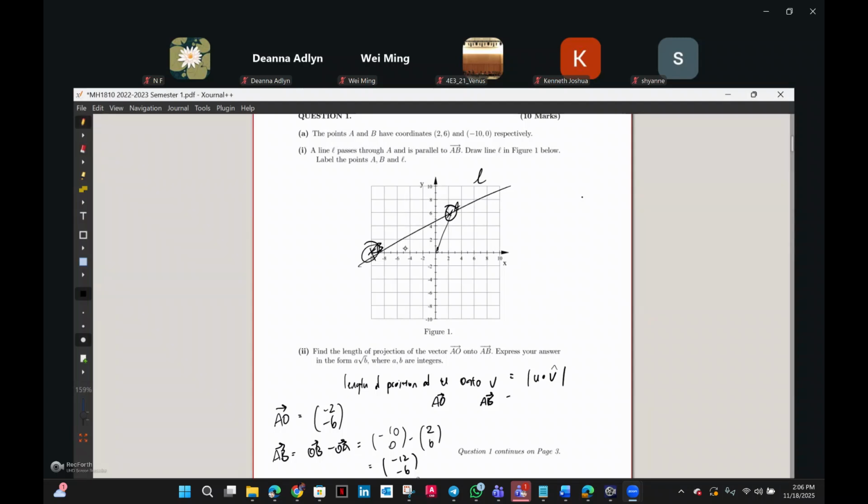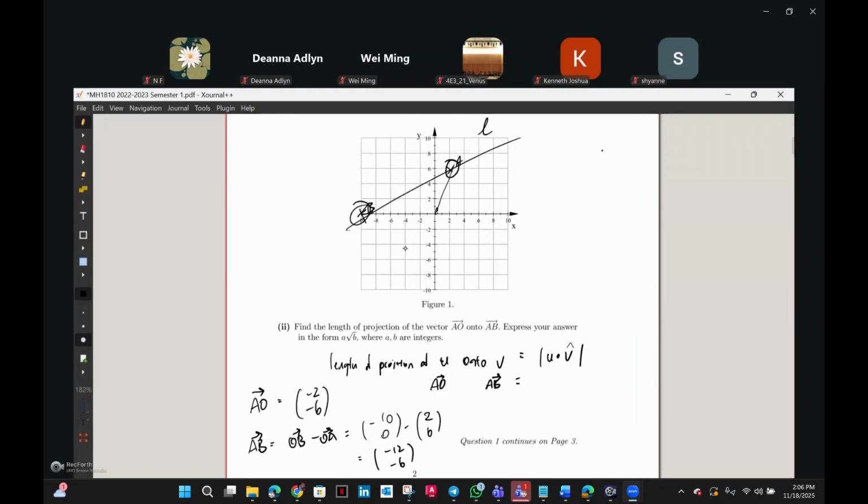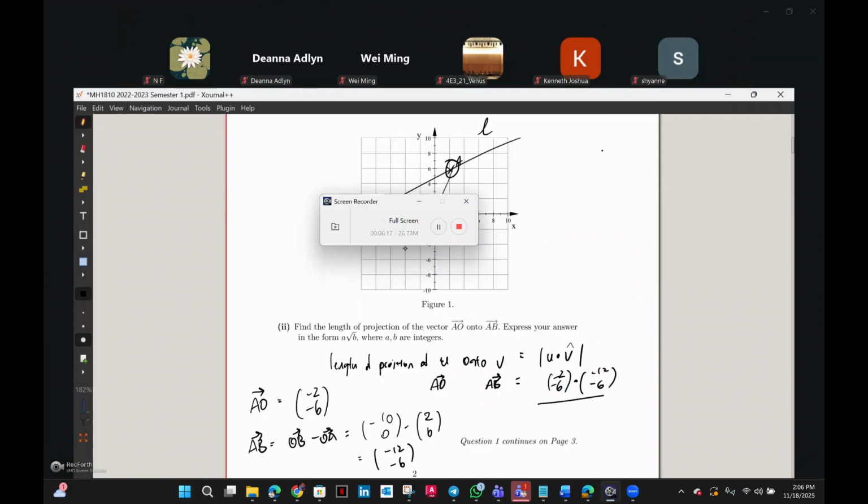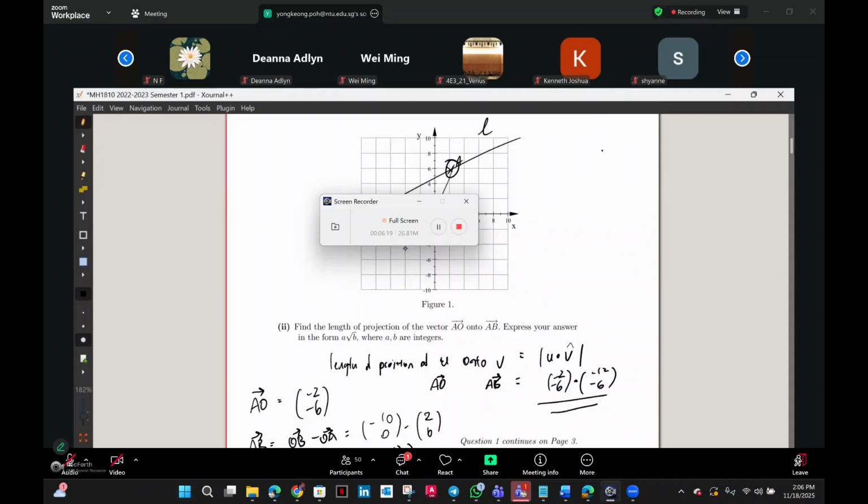Okay, so go ahead and calculate this dot product. Take the dot product of U, which is (-2, -6), with V hat. So we dot with V, which is (-12, -6), then divide by the norm of V, the square root of 12 squared plus 6 squared.